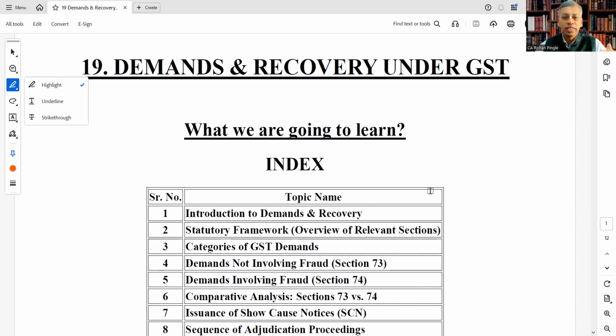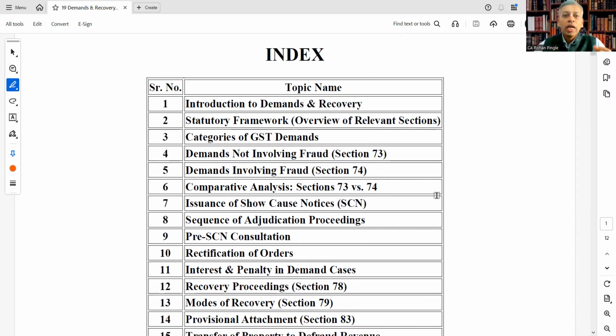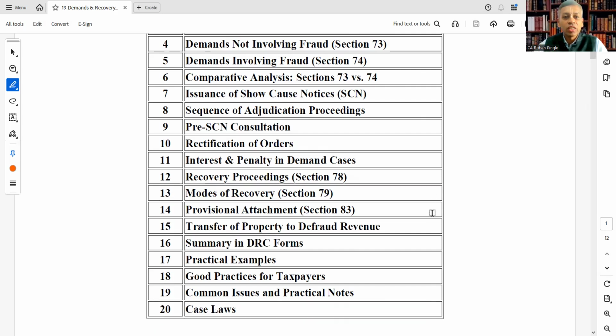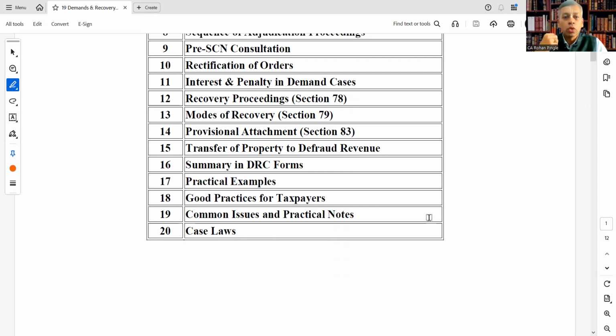What we are going to learn. First, the meaning of demands and recovery, then statutory framework, sections and rules, categories of GST demands, demands not involving fraud, demands involving fraud, comparative analysis between section 73 and 74, issuance of show cause notices, sequence of adjudication proceedings, pre-show cause notice consultation, rectifications of orders, interest and penalty in demand cases, recovery proceedings, mode of recovery, provisional attachment, transfer of property to defraud the revenue, summary in DRC forms, practical examples, good practices for taxpayers, common issues and practical notes.